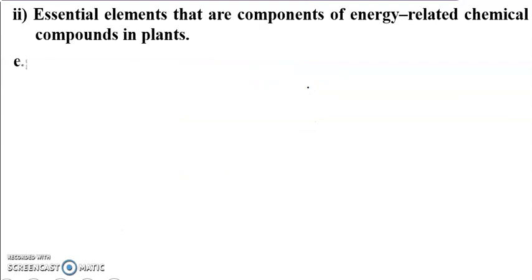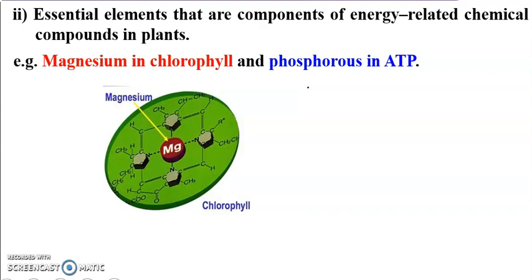Okay, the second one is the elements that are required for energy production. What are those? Magnesium. Now, magnesium can be used for energy production. How? Magnesium is also a structural element because it is present in the structure of chlorophyll. If you look at the photosynthesis chapter videos, we have discussed the structure of chlorophyll there, where we have seen that the 4 pyrrole rings are held together by magnesium.